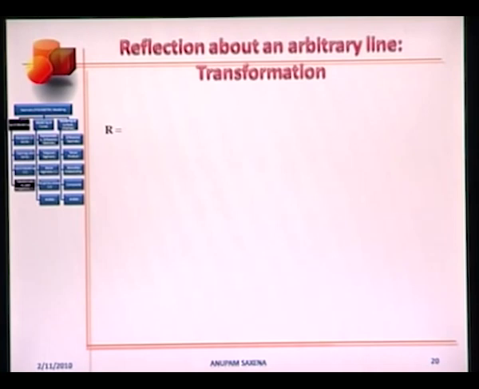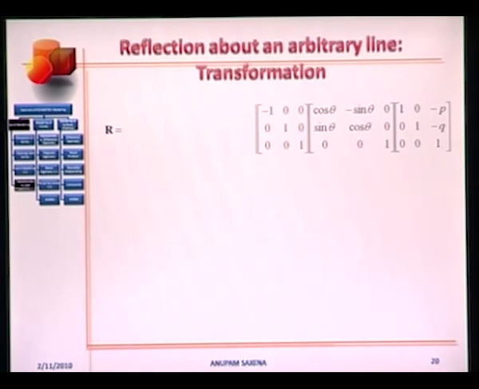In numbers, these transformations appear like so. The first is the translation matrix. The second is the rotation matrix. The third is the reflection matrix about the y-axis.